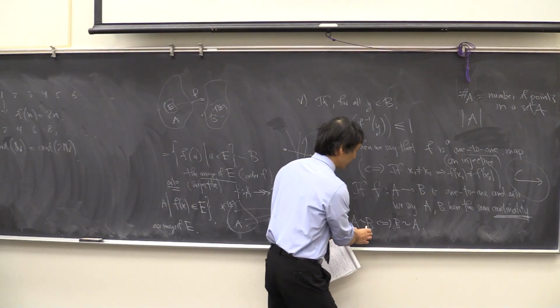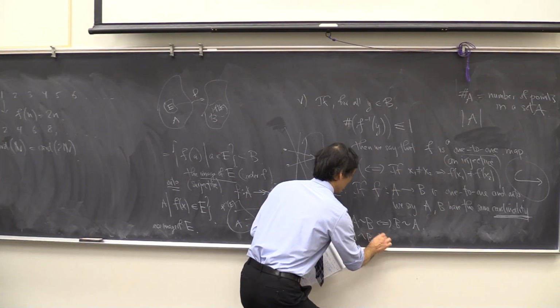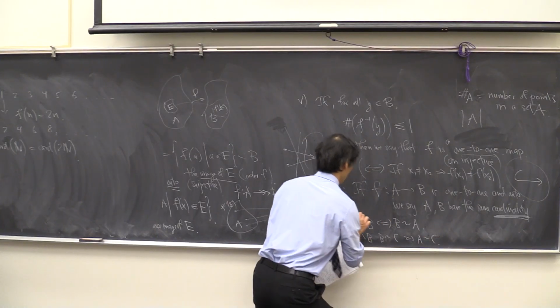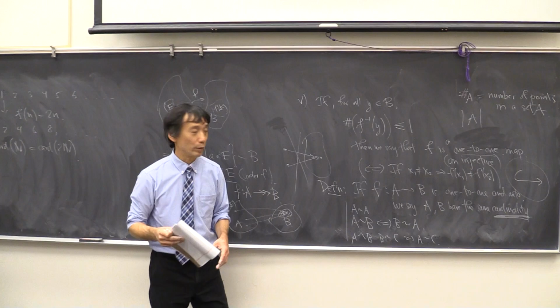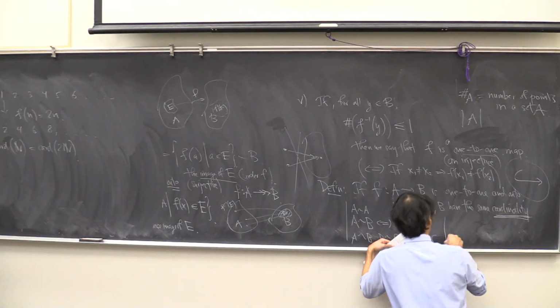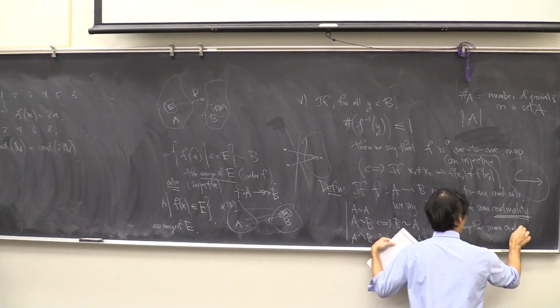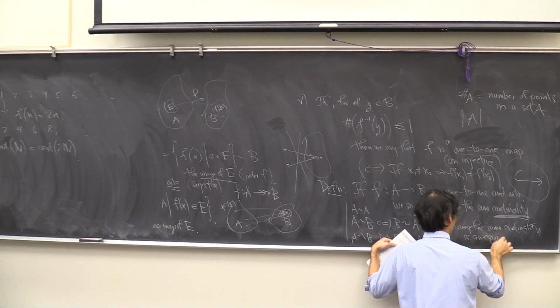If A has the same cardinality as B, and B the same as C, then certainly A has the same cardinality as C. A has the same cardinality as itself. So having the same cardinality is an equivalence relation.